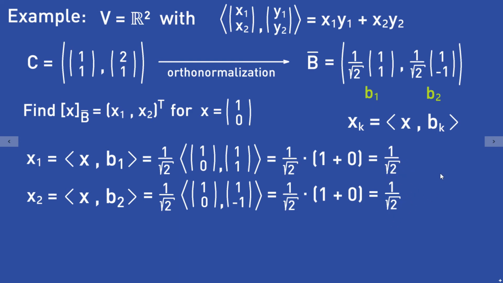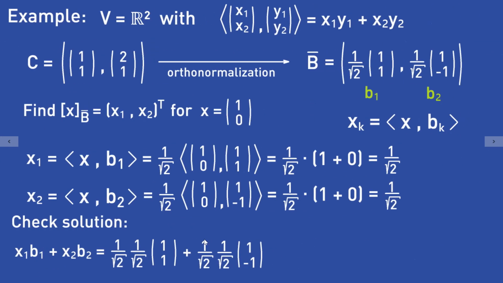We can check if that solution is true. So x1 times b1 plus x2 times b2 is equal to 1 divided by the square root of 2, which is x1, times 1 divided by the square root of 2 times the vector (1, 1), which is the vector b1, plus 1 divided by the square root of 2, which is x2, times 1 divided by the square root of 2 times the vector (1, -1), which is b2.